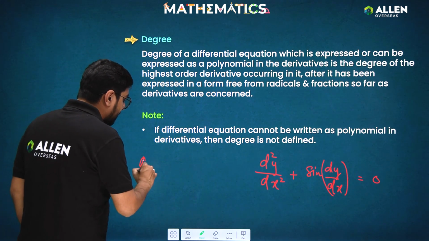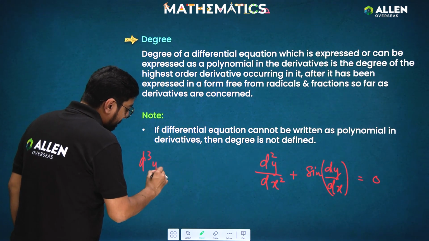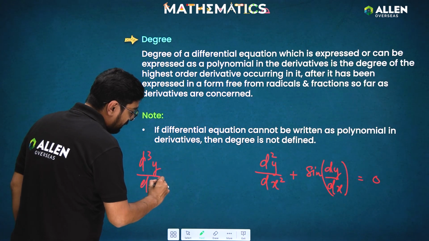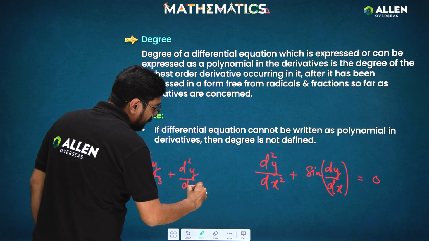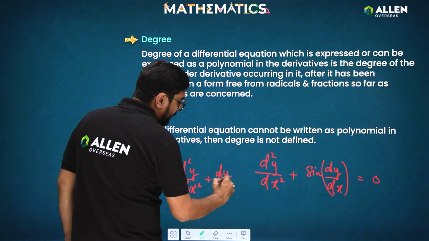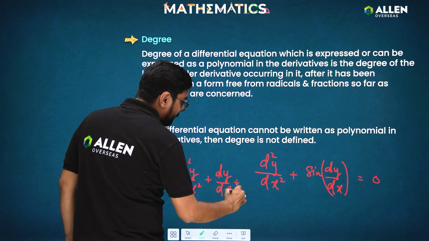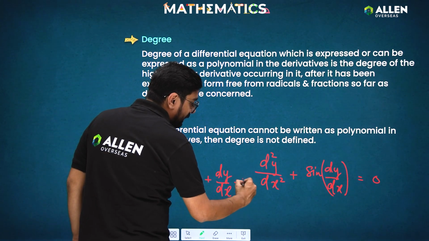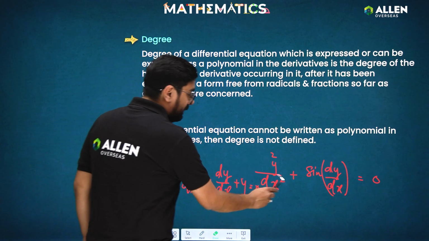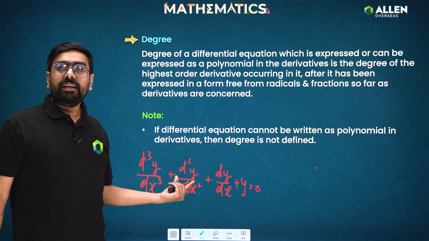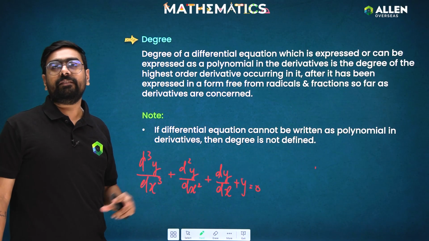Now if I have d3y/dx3 + d2y/dx2 + dy/dx + y = 0, let's say this is my differential equation this time. So what is the degree? The degree of the highest order derivative.